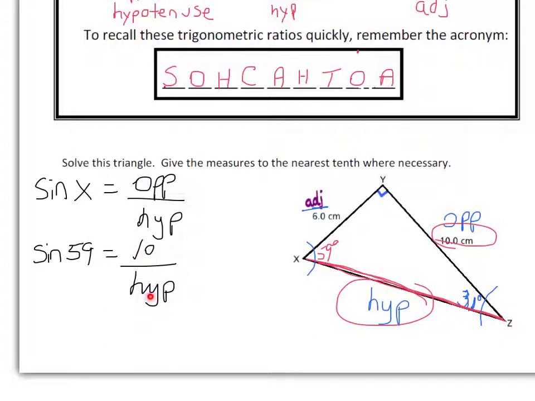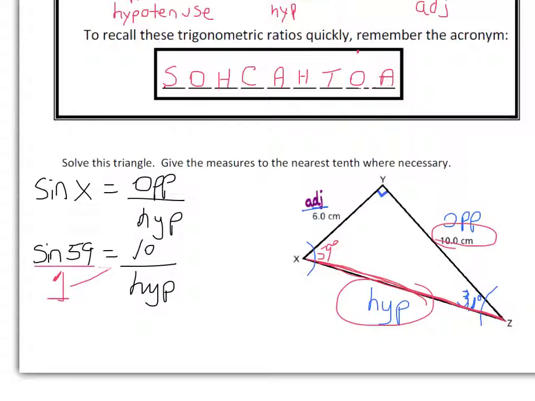Now on the right side we have a fraction, but on the left side we don't have a fraction. So let's make a fraction on the left side as well. Anytime you have a number or a variable or anything that's not in fraction form, it's always over 1. Okay, so now that we've established that, that's a 1, we can cross multiply.